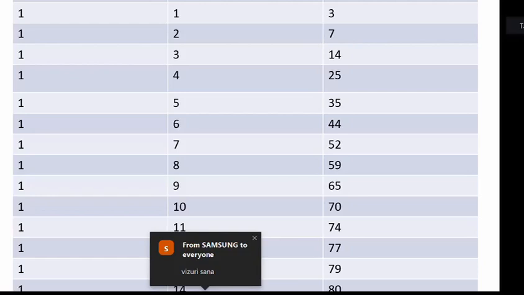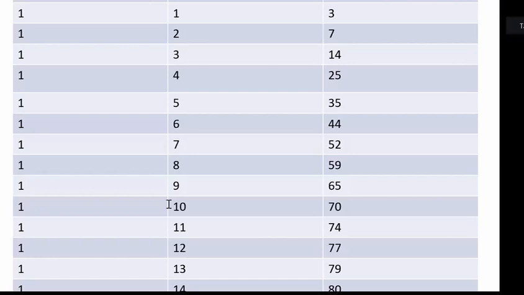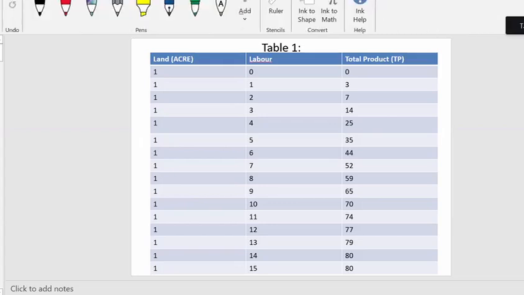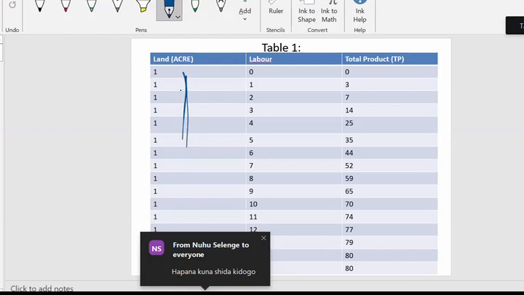That is, it doesn't matter how much you produce, land is fixed. Oh, sorry. Let me use this. What I'm trying to say, land is just 1 acre.